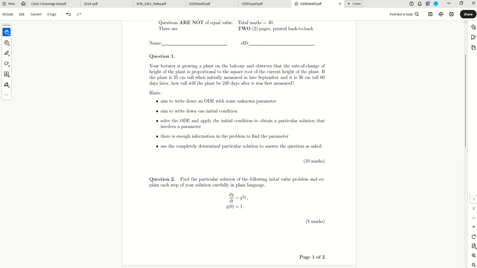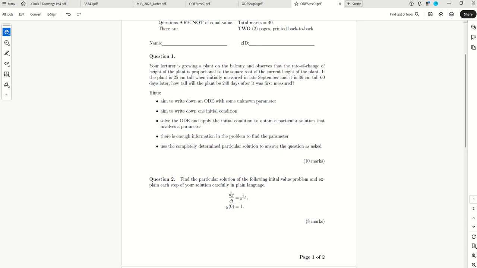All right, so this is just straight up ODE. It's pretty easy to solve, but note the marks. In 2021, I was really picky about the explanations. So we're going to have to do a very thorough explanation to get all these 8 marks.